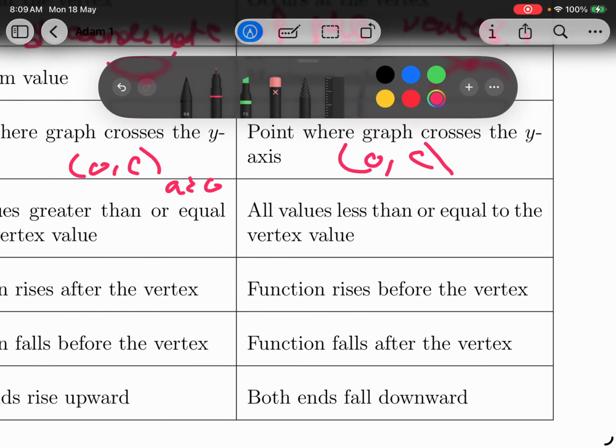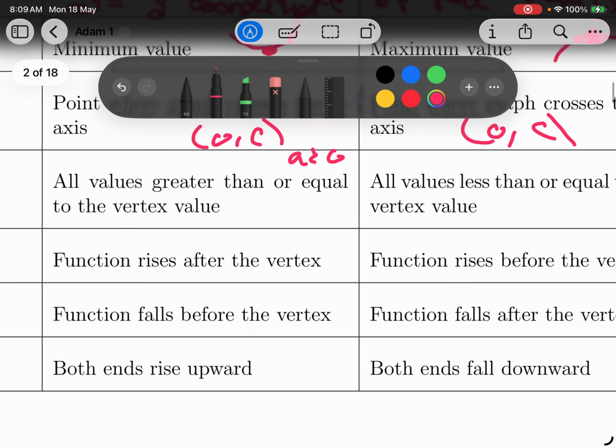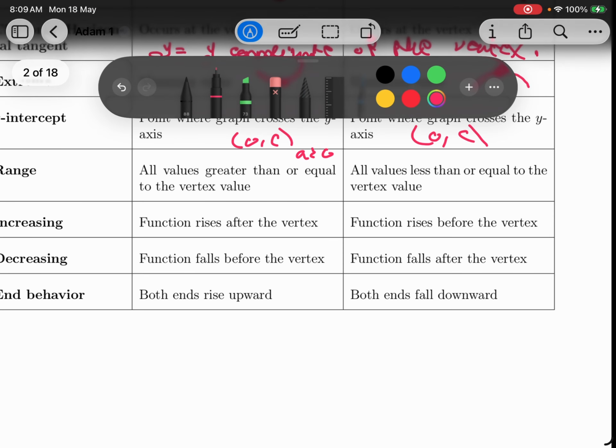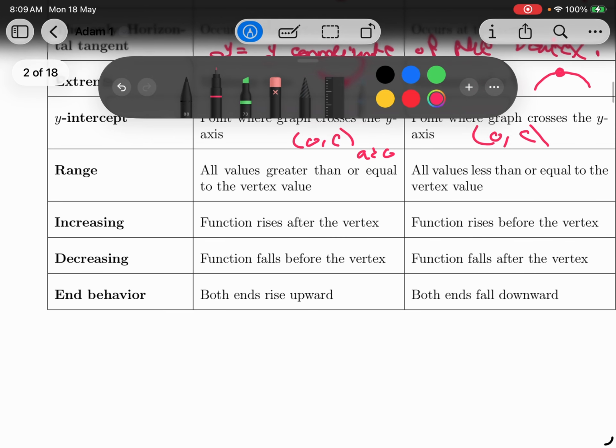And here, all values less than or equal to the vertex value, or the y-coordinate of that vertex. And when it comes to increasing and decreasing, it also depends on the value of a, whether a is positive or negative.